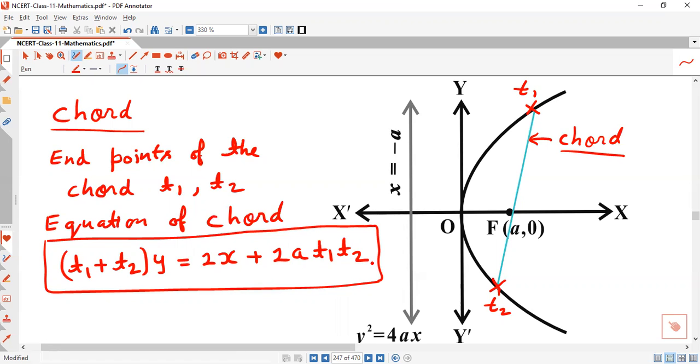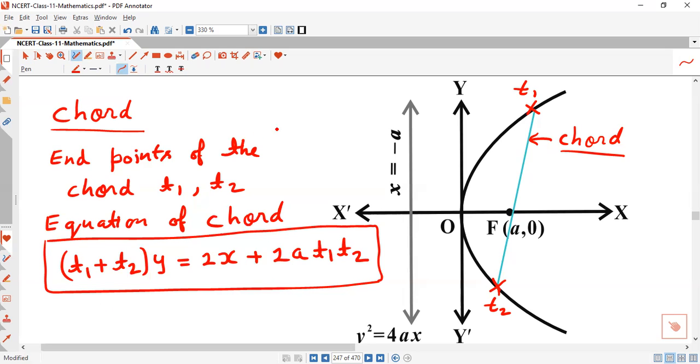Now this chord, you see here, may pass through the focus. If the chord is passing through the focus, this chord is known as a focal chord. What happens if the chord passes through the focus?